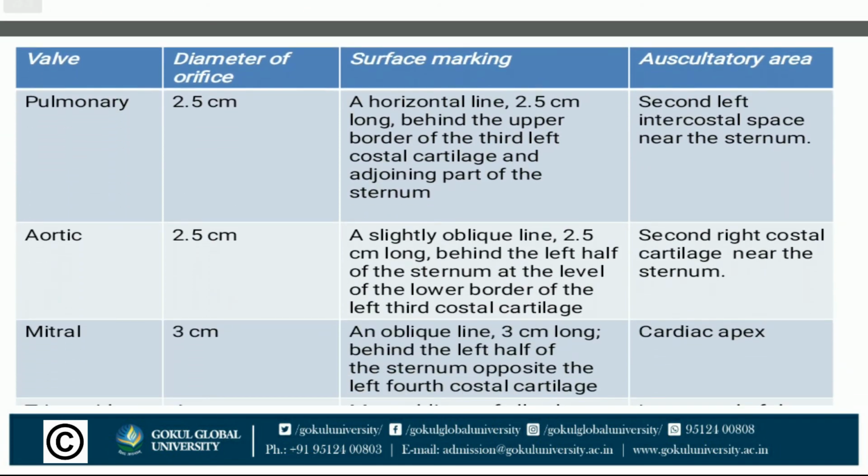Now description. Valve, pulmonary, 2.5 centimeter diameter of orifice. Surface marking: a horizontal line 2.5 centimeter long behind the upper border of the third left costal cartilage and adjoining part of the sternum.